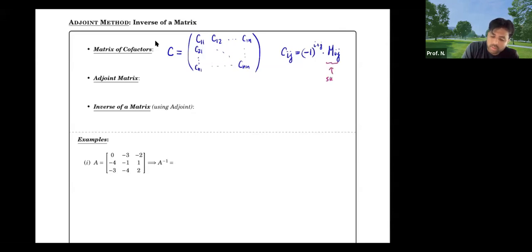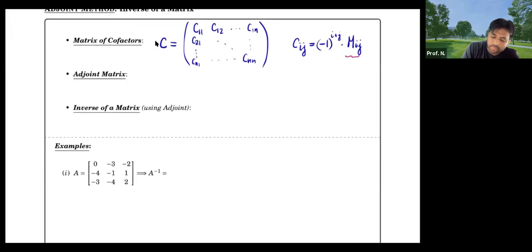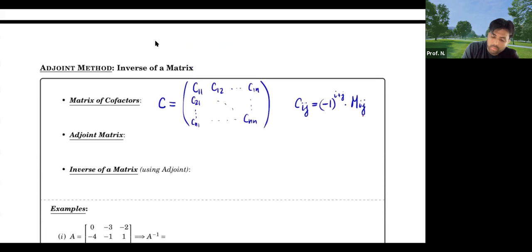It was the determinant. So don't forget this, guys. This is the determinant of the submatrix. So it's a smaller matrix that has row i and column j of the original matrix excluded.